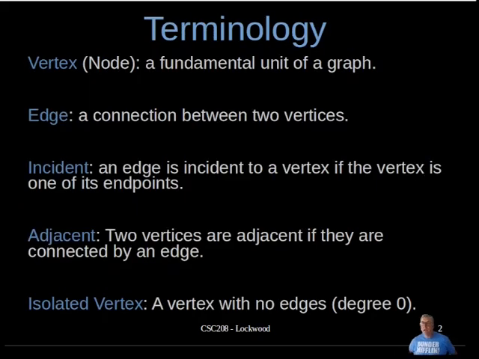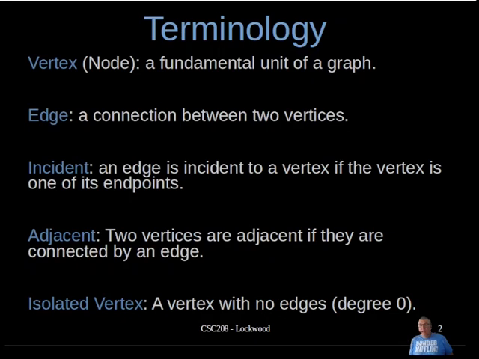Let's look at some terminology with respect to graphs. We already used the word node. We also call these nodes vertex. Each one is a vertex, or vertices is the plural, and they're a fundamental unit of the graph. We have our edges, which is a connection between two vertices.